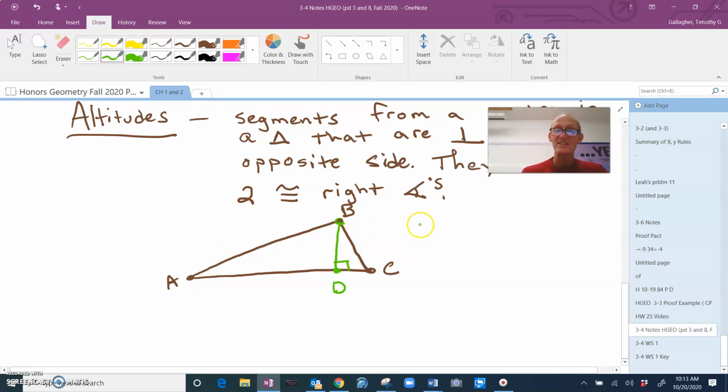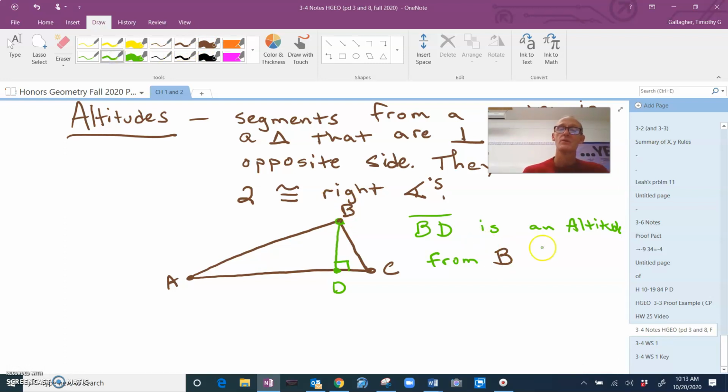So BD is an altitude. BD is an altitude from B, right here, to AC.